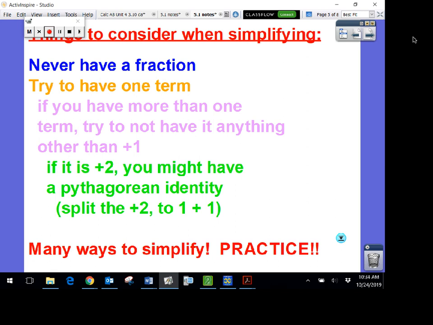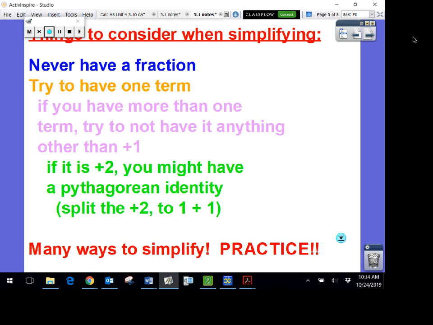Or are two words squared? Do those words go together with the Pythagorean IDs? Do you have a word squared and a 1 or a negative 1? Look at your Pythagorean IDs. If it's just sine x plus 1, there's nothing you can do. Sine x plus 1 is sine x plus 1 always. But if it's sine squared x with a 1, then there might be some kind of manipulation you can do.